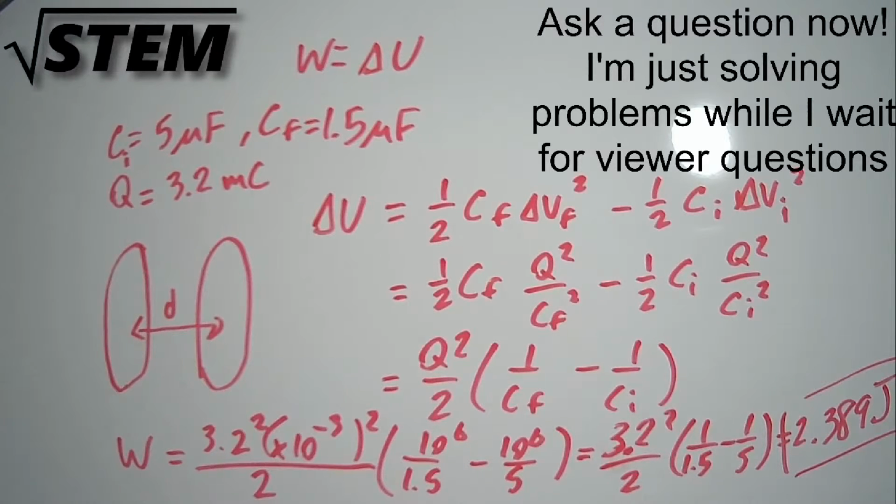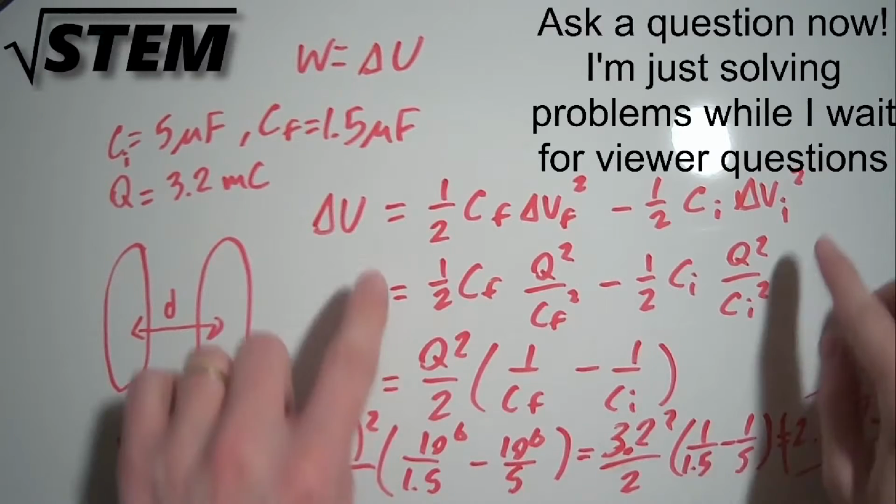Okay, let me look over that and see if that seems right. So we are cutting the capacitance by more than half, and if it's proportional to 1 over the change in D, then we would expect it to be expanding by more than half, except we don't really have any information about how much it's expanding.